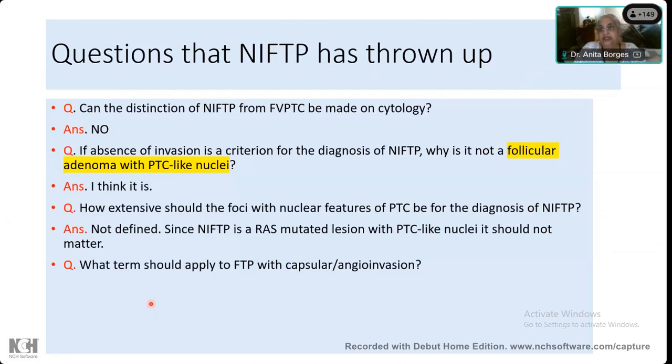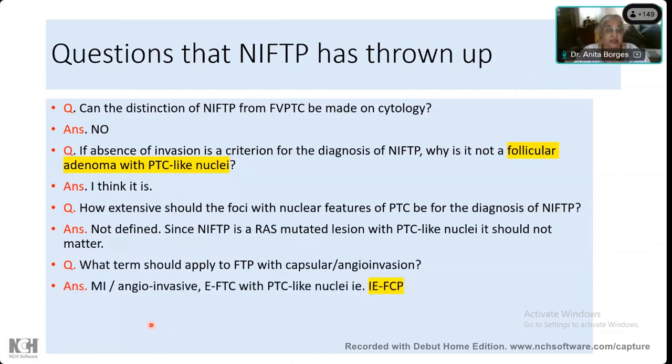Tanya says follicular carcinoma. Very good, Tanya. Do you know what the WHO has called it? Because the WHO, I feel, sometimes loses its way.